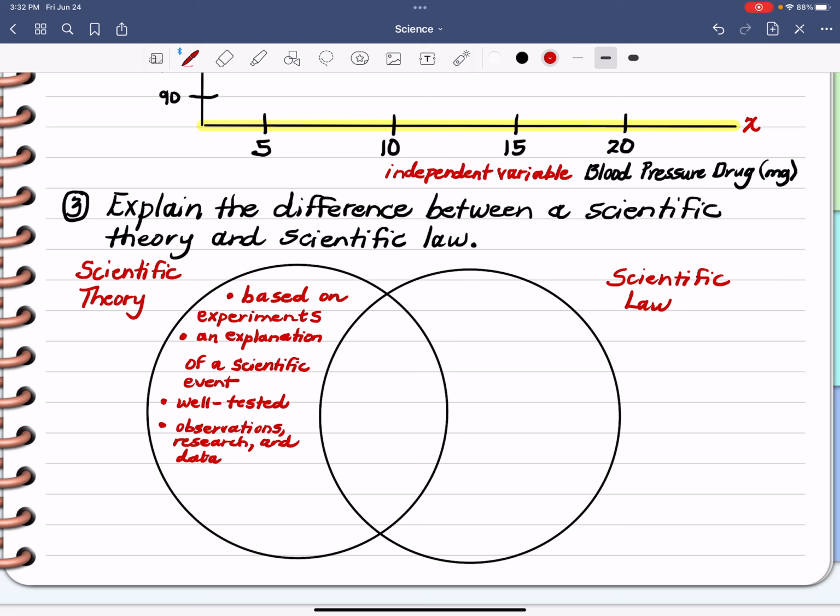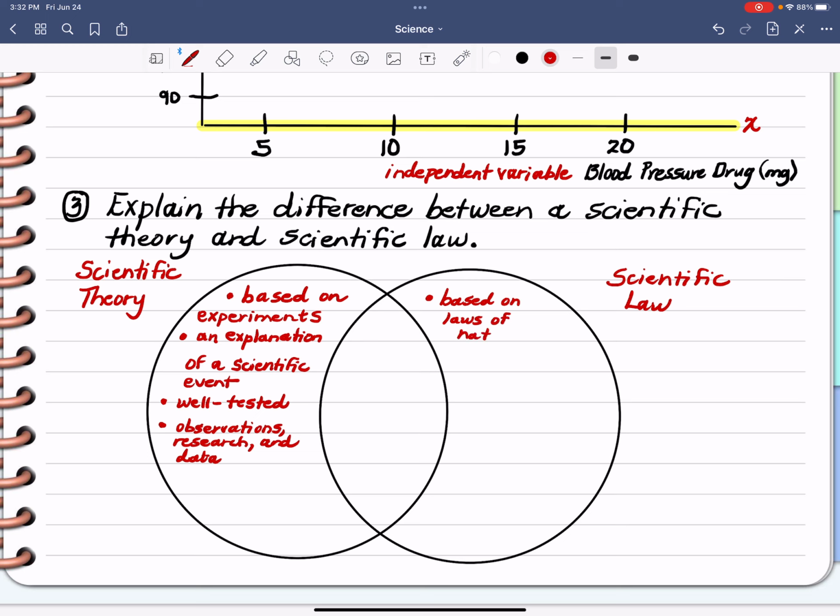So what about scientific law? Scientific law is not based on experiments. What determines a scientific law? It is based on the laws of nature, the things that nature determines to be true.